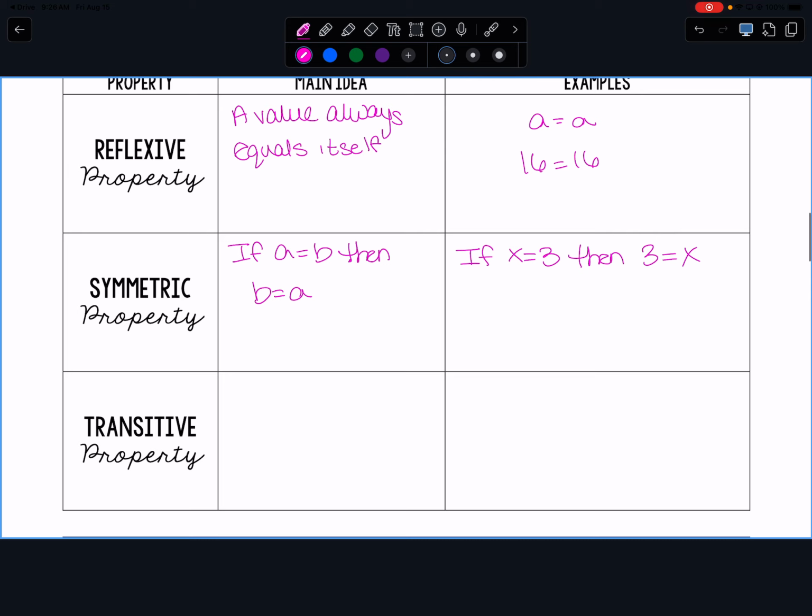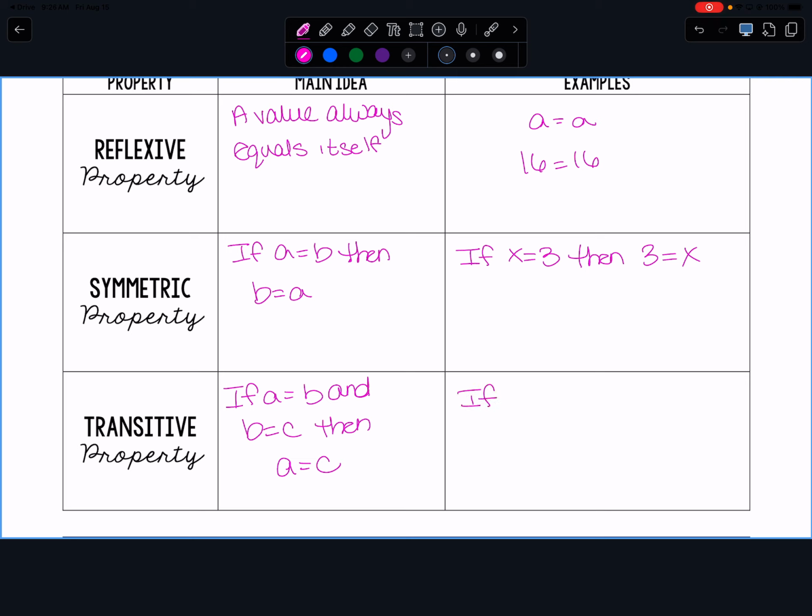Transitive property. If A is equal to B and B is equal to C, then A is equal to C. It's almost like a weird substitution property.